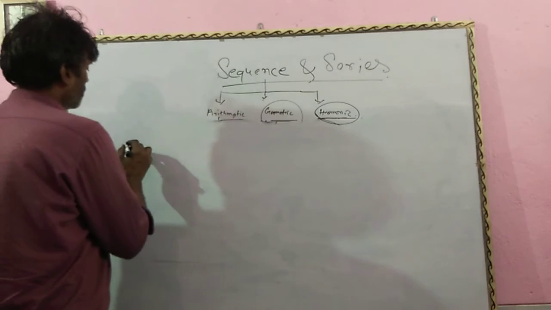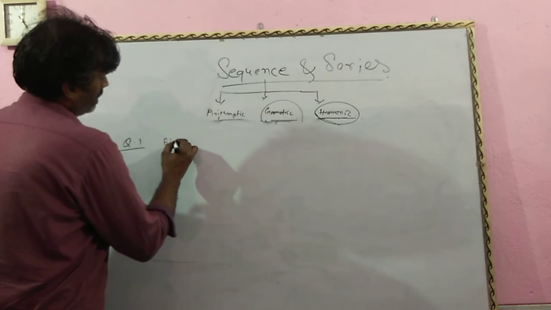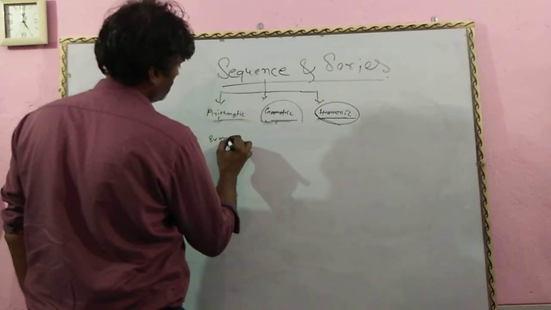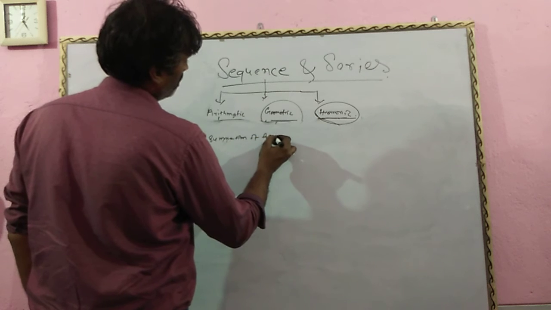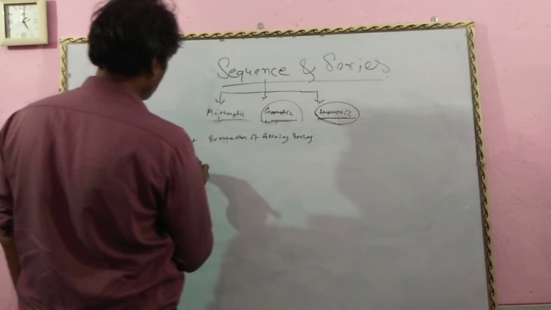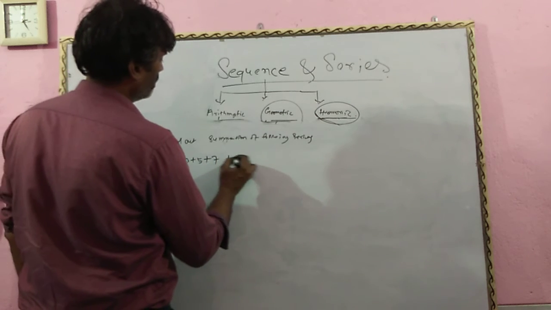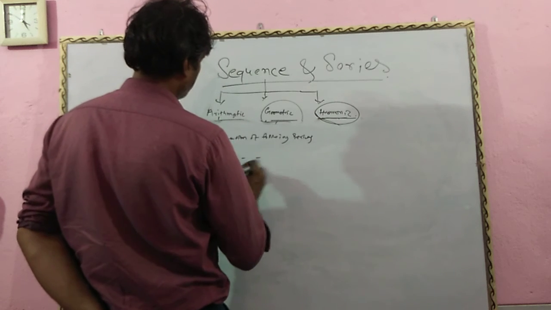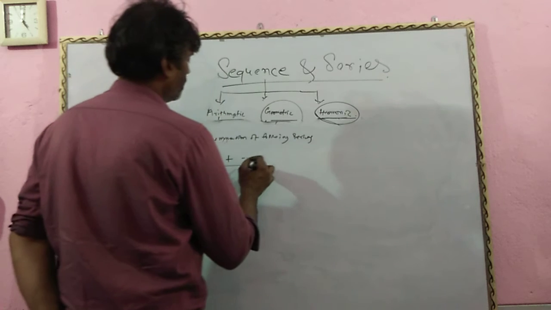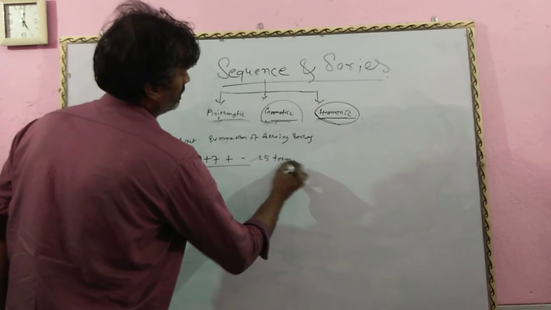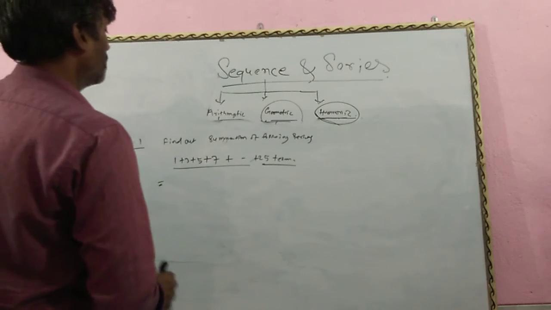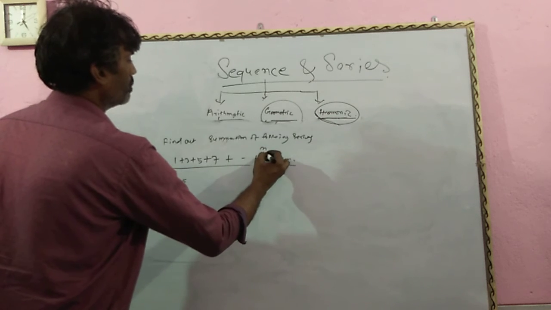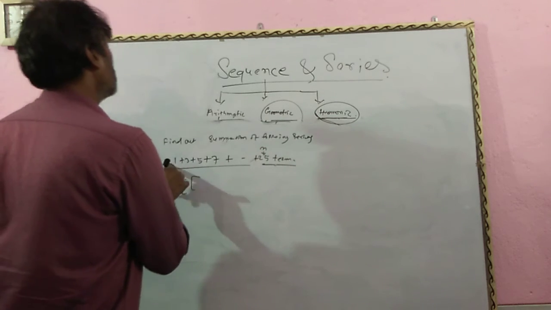So, question number one: find the summation of the following series, 1 + 3 + 5 + 7 and so on, up to 25 terms. What will be the sum? The sum is n/2 times (first term plus last term), because these are arithmetic series.